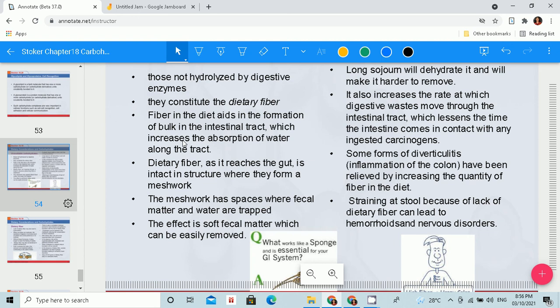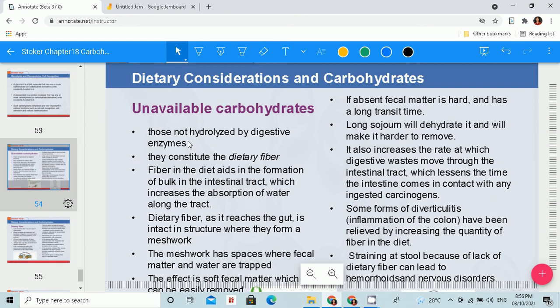Fecal matter and water are trapped. Okay, so those toxins will be trapped, and the water also will be trapped. Those are things that are undesirable in our body. In effect, we will have soft fecal matter which can be easily removed. Especially when you have difficulty defecating, you eat more fiber.